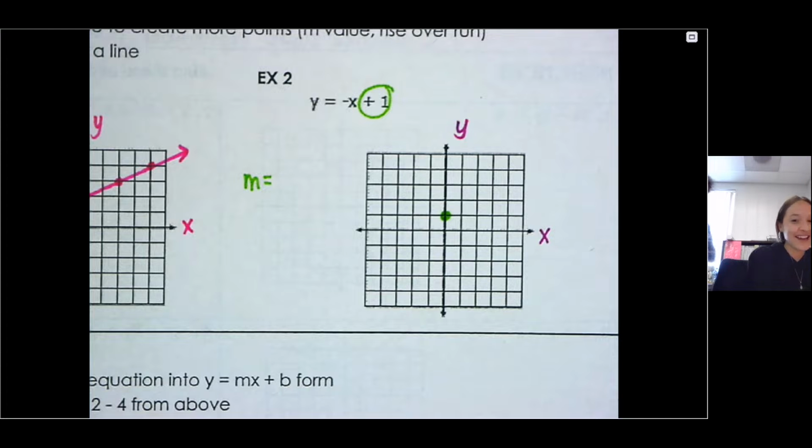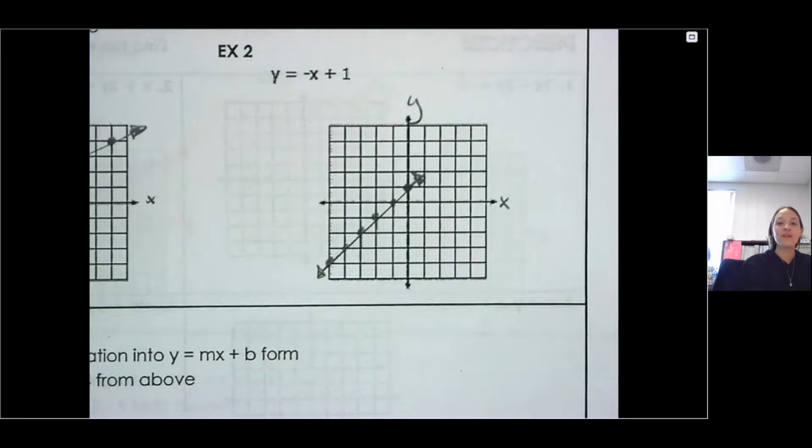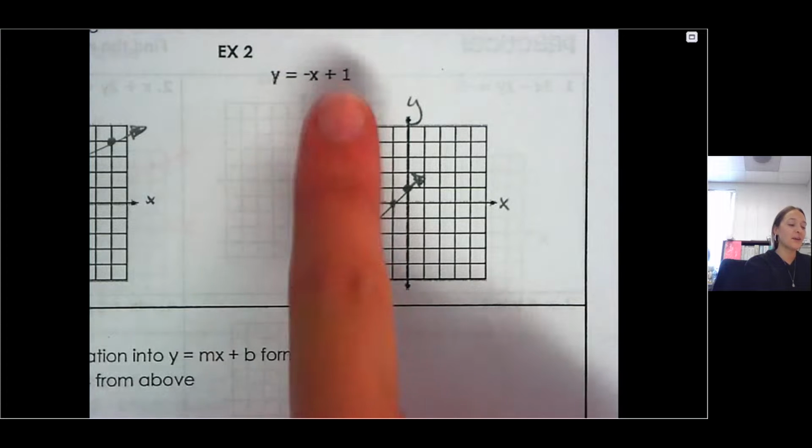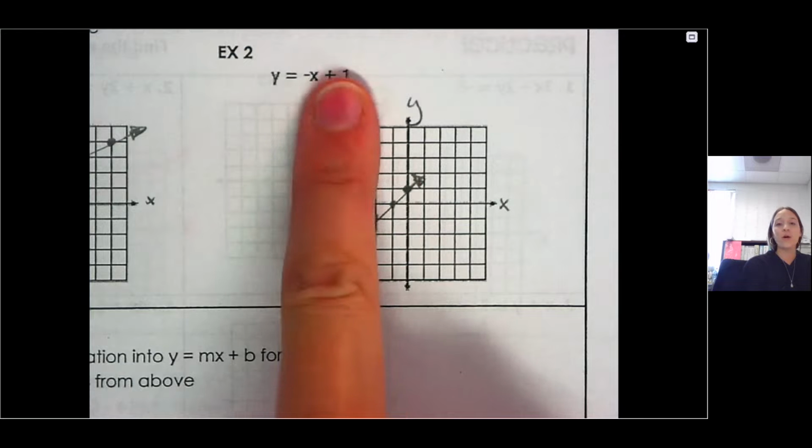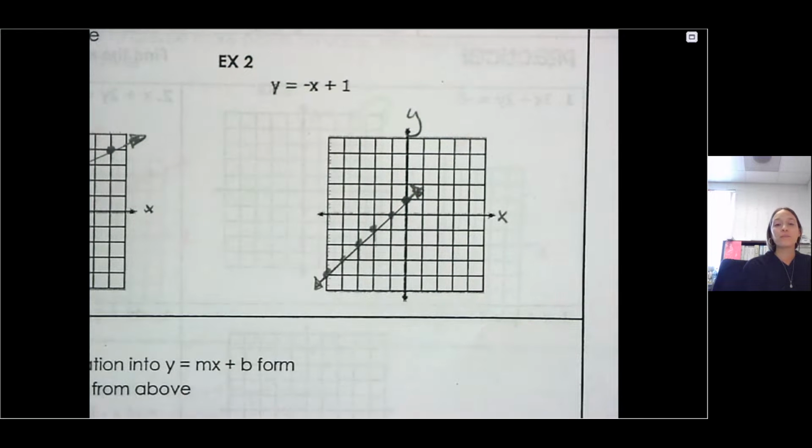Does your graph start at +1? Does it cross the y-axis? Is her graph crossing at the right place? Yes, it is. +1. Good. Now, what's the slope in this problem?